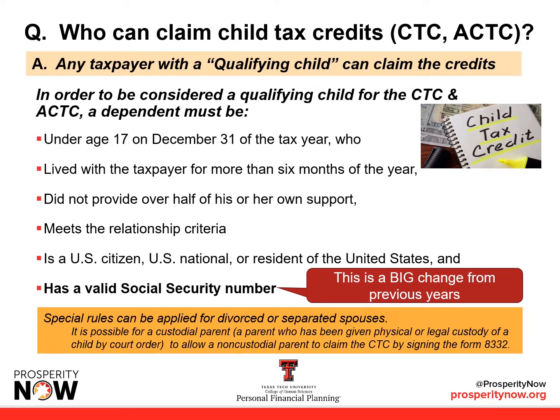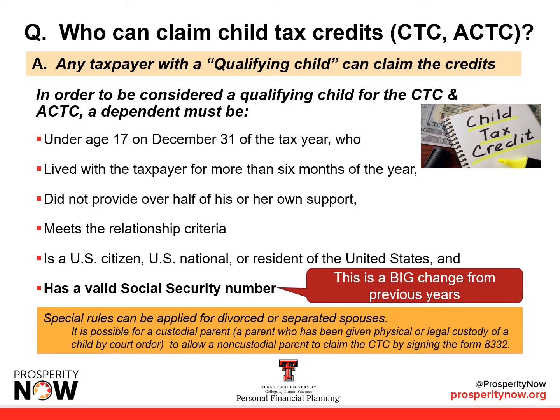In order to be considered a qualifying child for these credits, a dependent must be one of 6 things: under the age of 17 on December 31st of the tax year, they lived with the taxpayer for more than 6 months of the year, they did not provide over half of their own support, they meet the relationship criteria, they are a U.S. citizen, U.S. national, or resident of the United States, and they have a valid Social Security number.